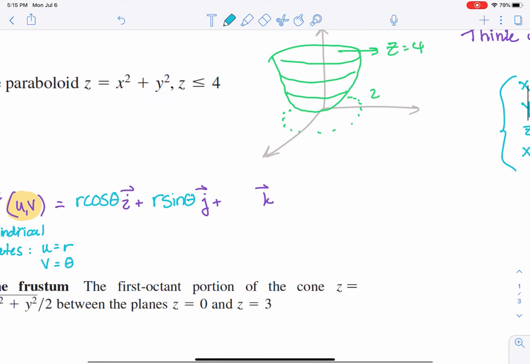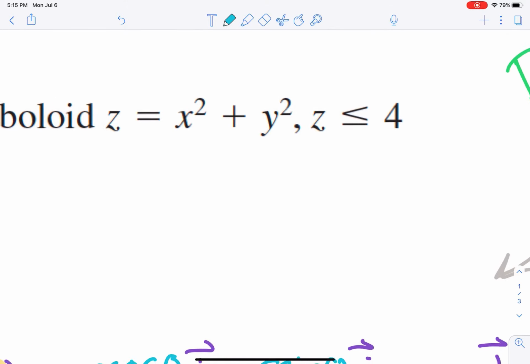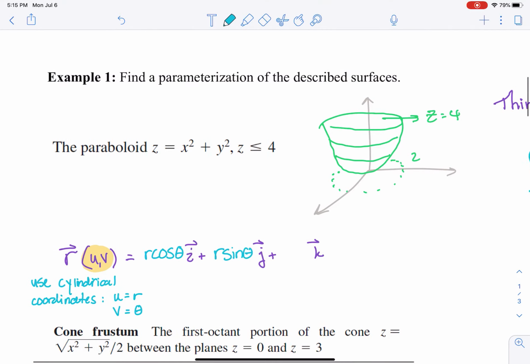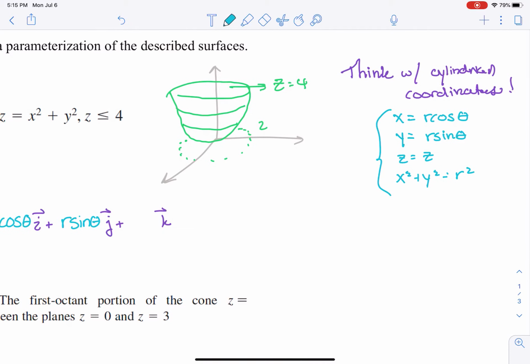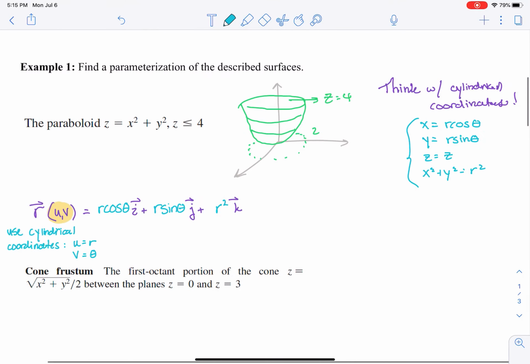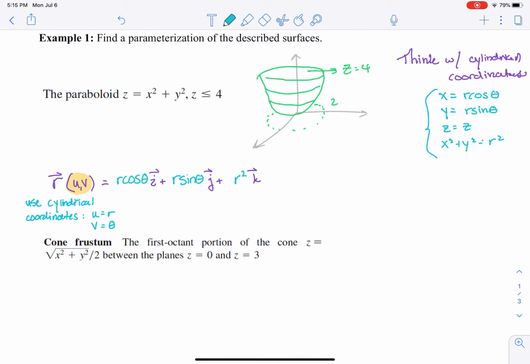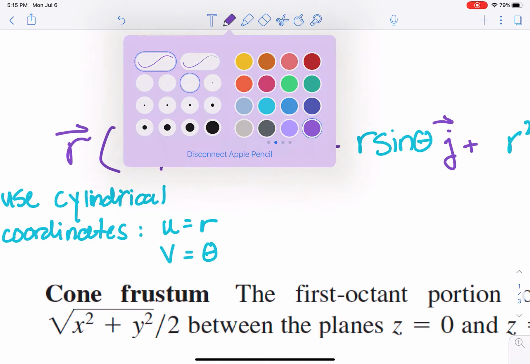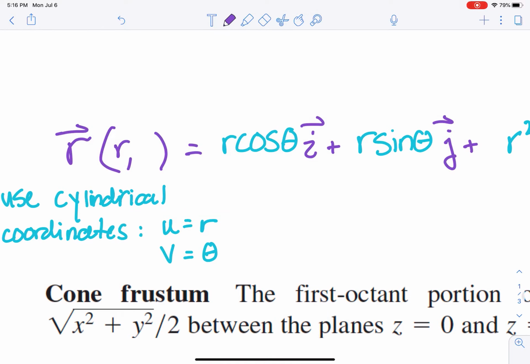So in this case, it's telling you that the z component is equal to x squared plus y squared, which we know from our translation equations that x squared plus y squared is always r squared. There you go. So now we wrote this equation that was expressed in 3 variables in terms of 2 variables, just r and theta. So I guess to be notationally correct, we should come in here and we should make these be r and theta instead of our u and v placeholders.